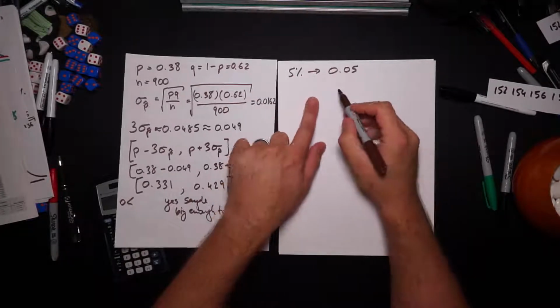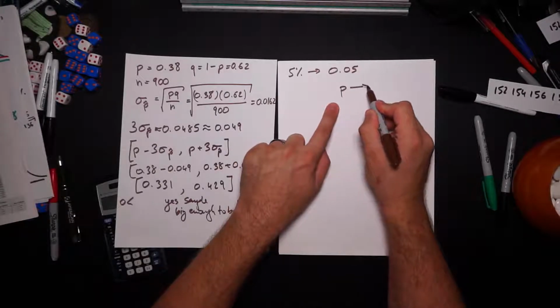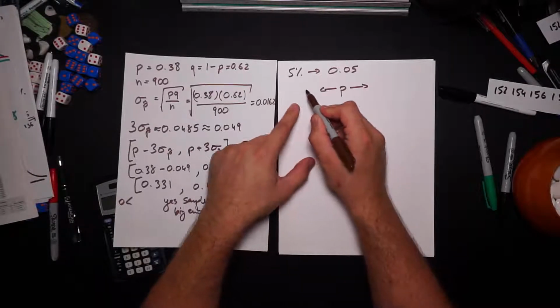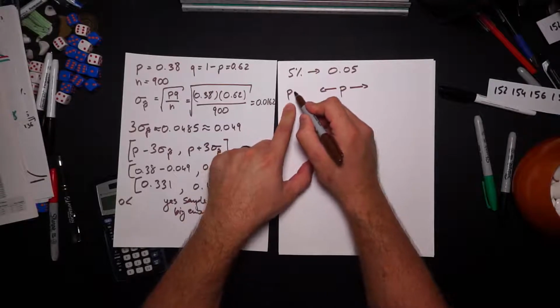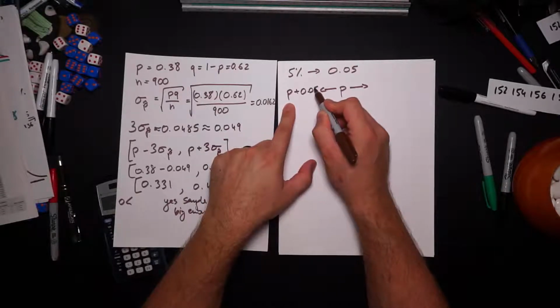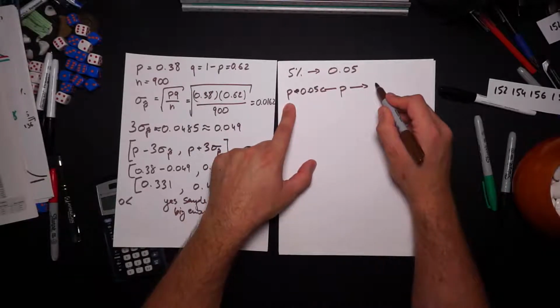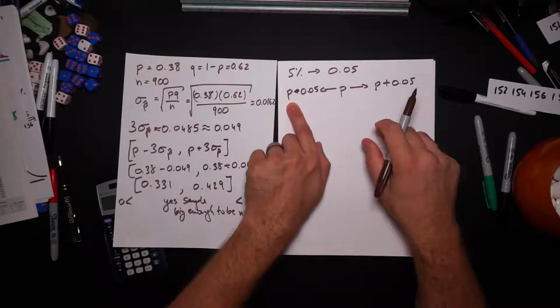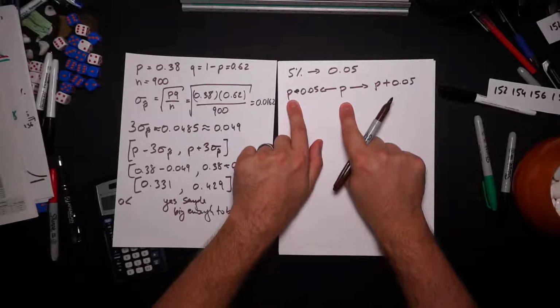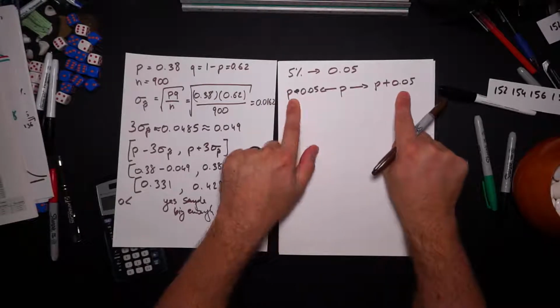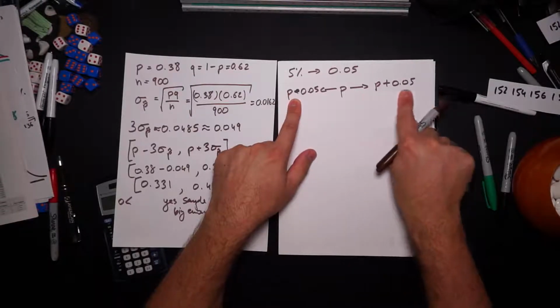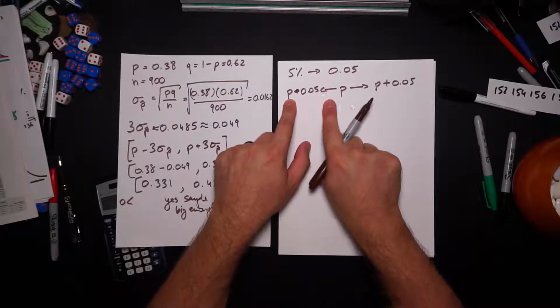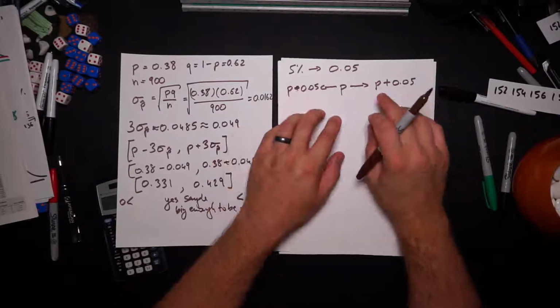Within means minus and plus, that's within 5%, right? This range, P minus 5% and P plus 5%.